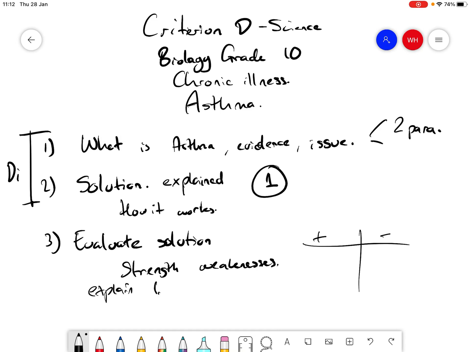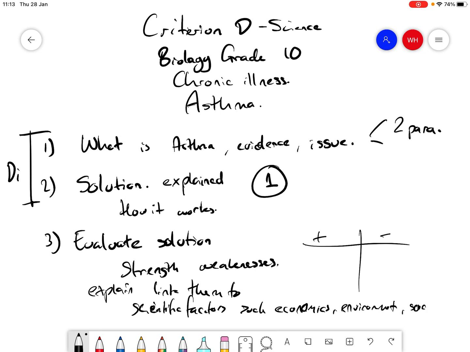You also need to link them to scientific factors, such as economics, environment, and society and ethics and stuff like that.